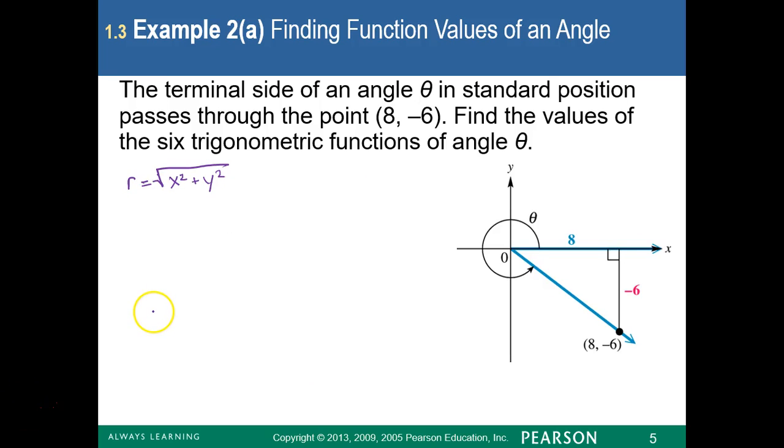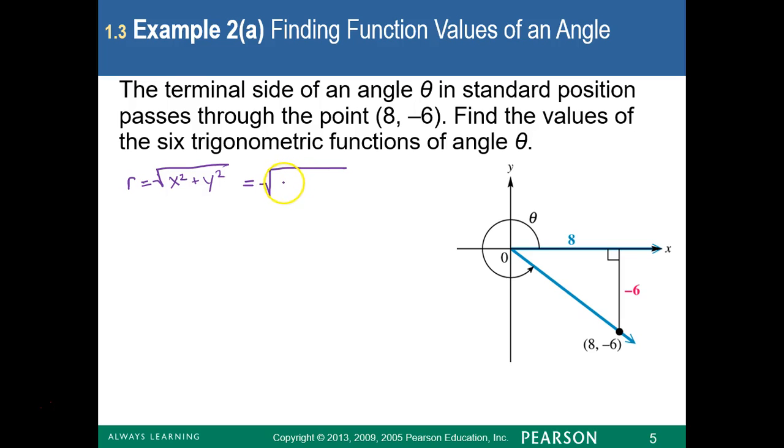Okay, so in this example, we're asked to do the same thing as in the last one, except now our terminal side goes through the point 8, negative 6. Still, we are not given the value of r. We must find that one, so plug it into this formula here.